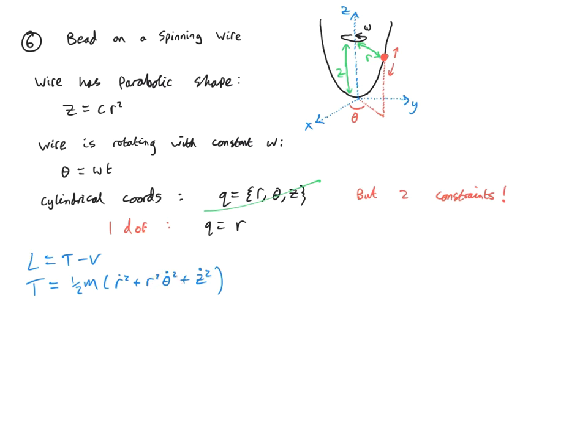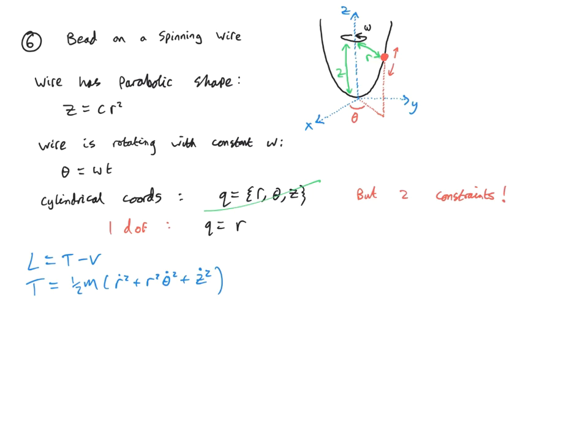because theta dot in here is actually the angular velocity. It's obviously the angular velocity, but also we can see it directly from this equation. If I were to take the time derivative of this, then we'd see that theta dot was just omega, which is itself here a constant. Also, z is actually connected to our coordinate r, so I can take the time derivative of this and substitute it in here.